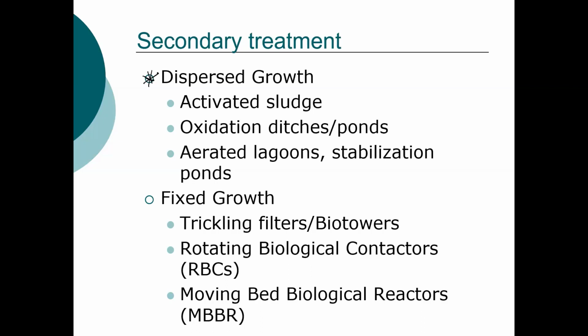These include activated sludge, oxidation ditches and ponds, aerated lagoons, stabilization ponds. And we'll talk about these in varying detail. We'll have a guest speaker who will talk about oxidation ditches and the process that they're using at their plant.